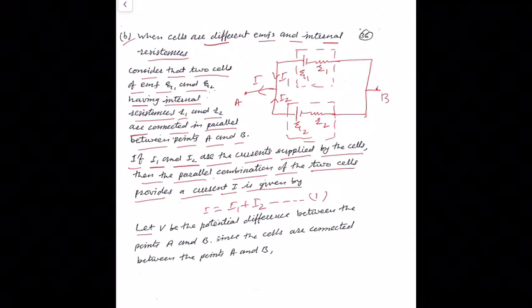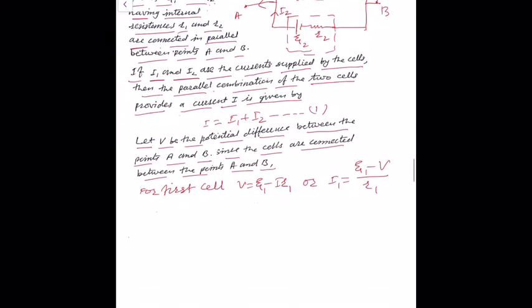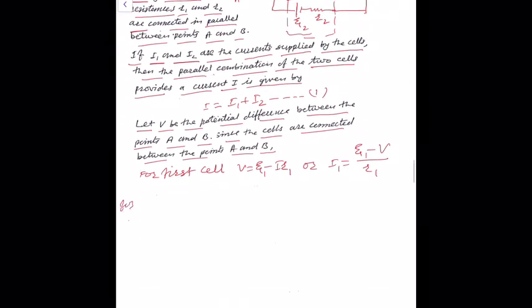It is equation 1. Let V be the potential difference between the points A and B, since the cells are connected between the points A and B. For the first cell, V = E1 - I1r1, or I1 = (E1 - V)/r1.